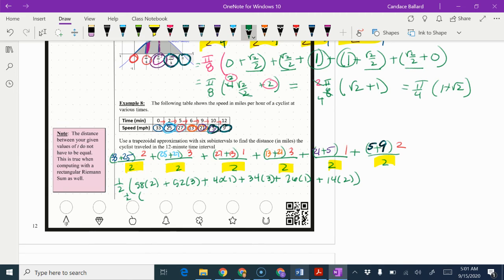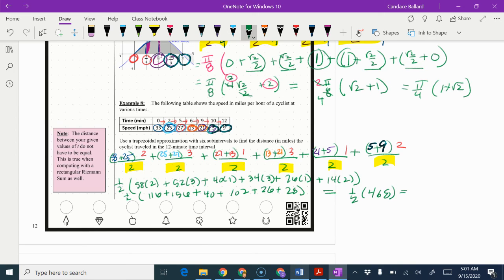When I start multiplying those together, I get 116 plus 156 plus 40 plus 102 plus 26 plus 28. And then finally, I end up with 1/2 times 468.